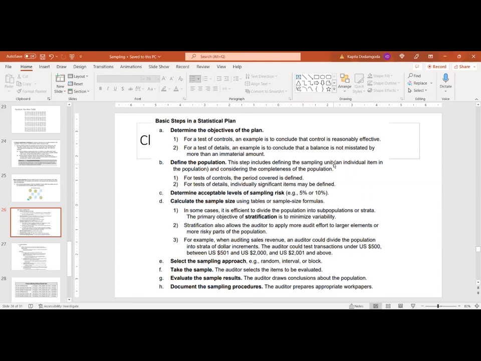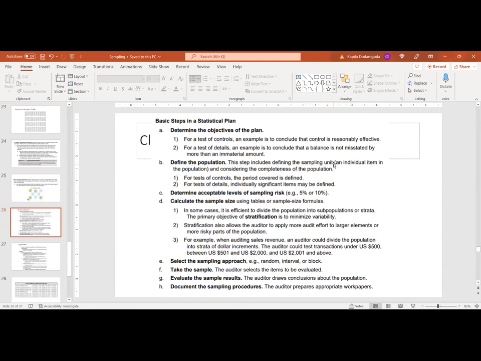You need to define the population and the sampling unit. What you mean by sampling units is, a simple example: you are going to study the settlement patterns of all the invoices. Your sampling unit can be each and every invoice. So you go to the invoice level and you pick samples of invoices. On the other hand, there are certain customers and each customer may have a number of invoices.